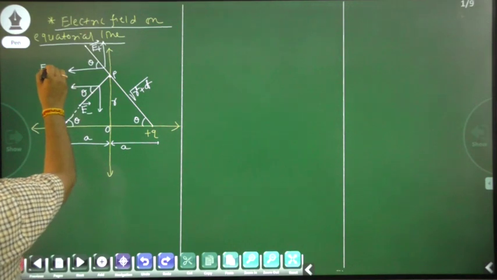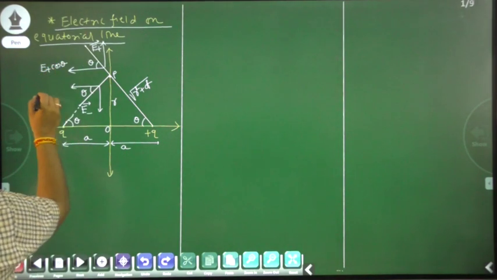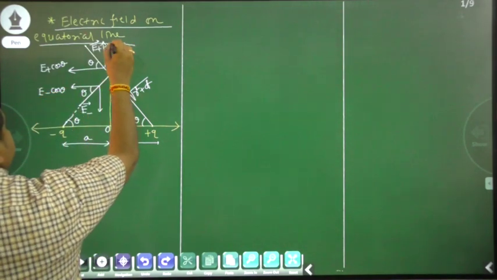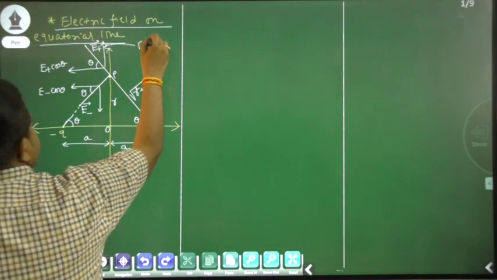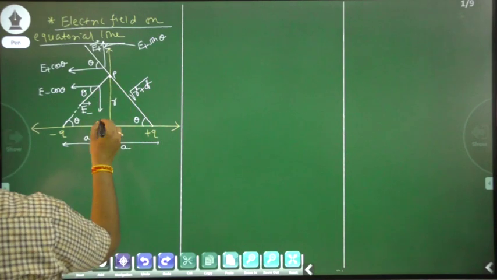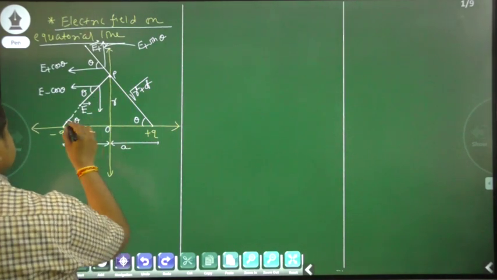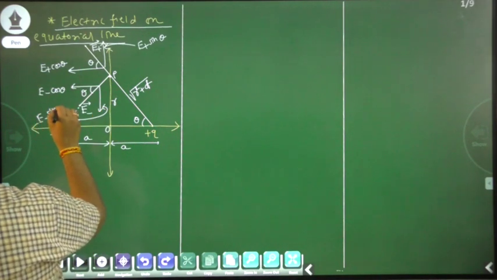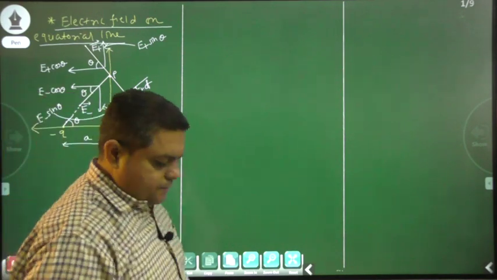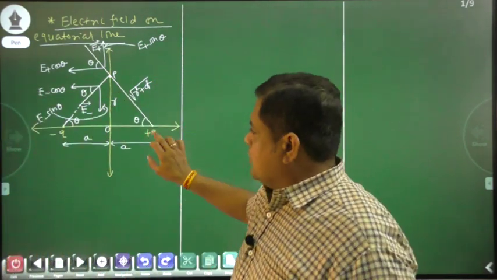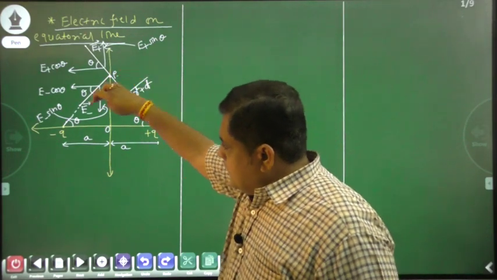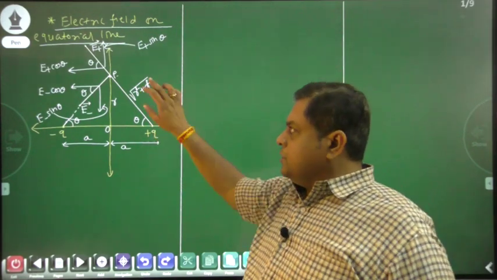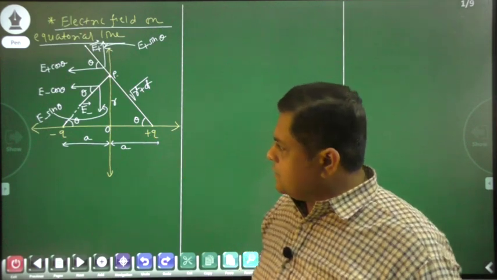So the components are E plus cos theta, E minus cos theta, E plus sin theta, and E minus sin theta. Because point P is at equal distance from the positive charge and the negative charge, the magnitudes of the electric field due to positive and negative charges are equal.